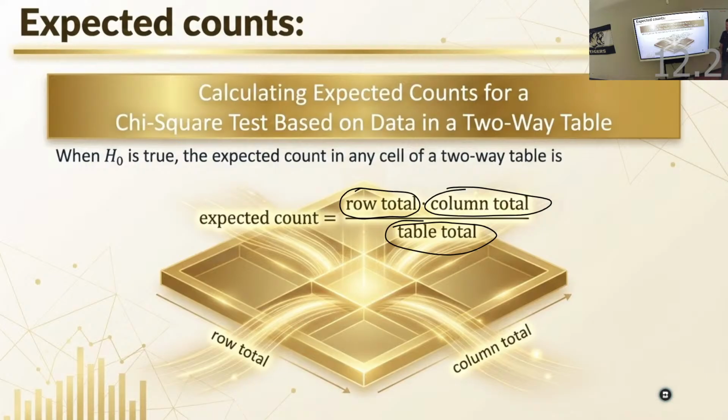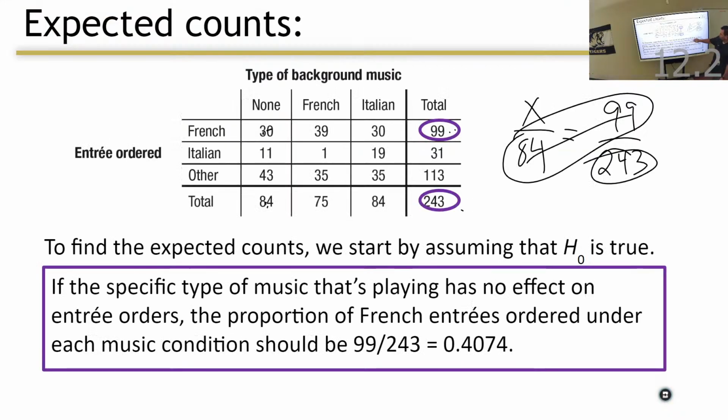Row total, column total, divided by the table total, we'll find that number. We got to do it 1, 2, 3, 4, 5, 6, 7, 8, 9 times, because I got to find the expected counts for all of these.